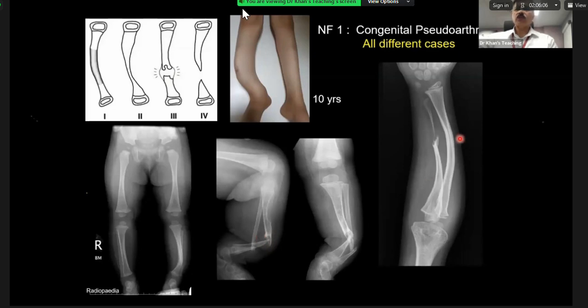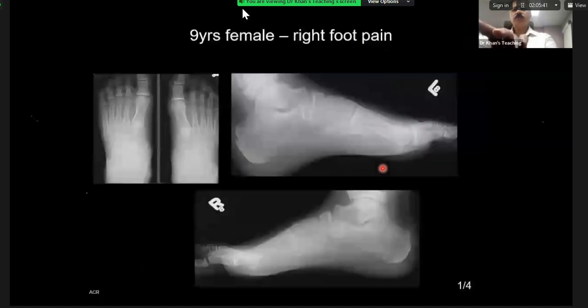And look at this picture here. Again, there is bone resorption. That is why it gives you this appearance. And look at this cupping. So this is NF1, pseudoarthrosis. NAI, please remember, will have metaphyseal fractures.